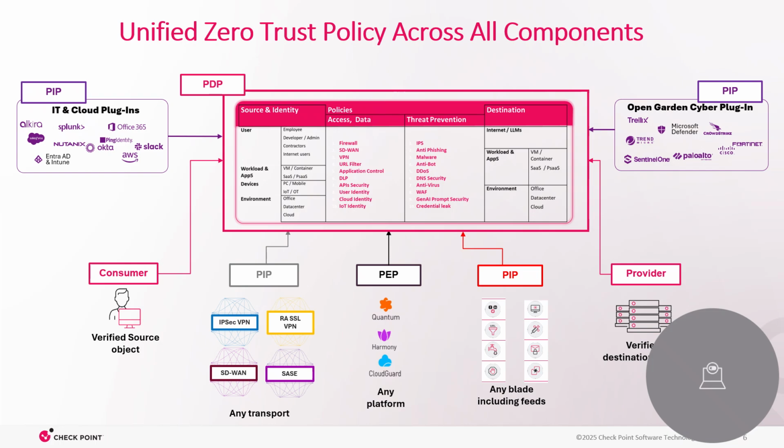What it does first is have the source and identity verified. That's one of the policy information points, as you can see. On the left we have identity providers that are going to see whether or not you can go there in the first place, whether you have the appropriate credentials, and whether those credentials allow you to access that environment.